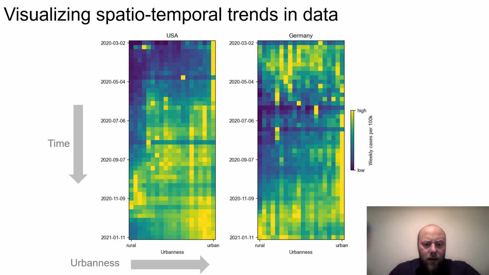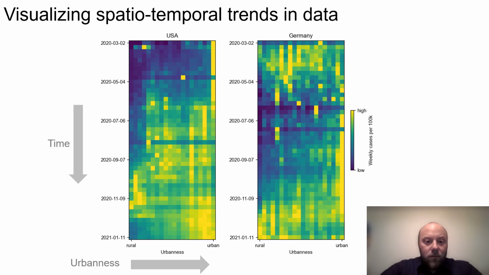And on the x-axis, we have urbanness from rural to urban. And we do this in a comparative study for the US and Germany, as you can see, consistently in the same temporal bins and in the same strata or classes of urbanness.